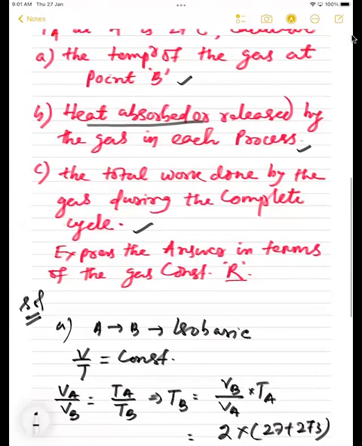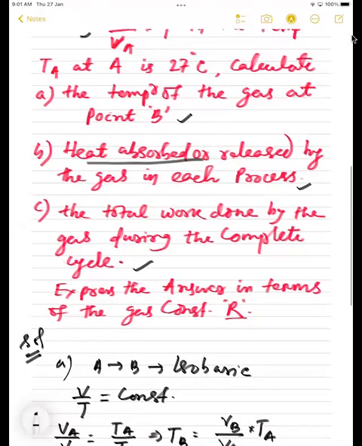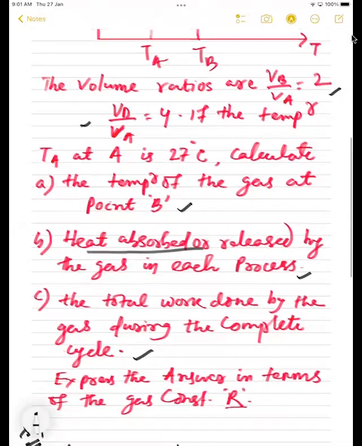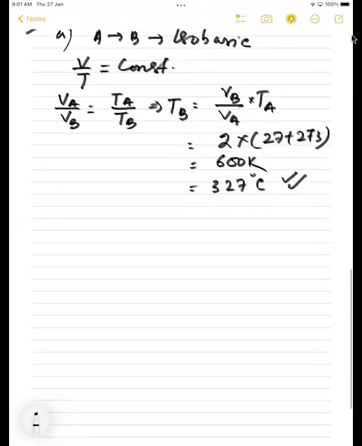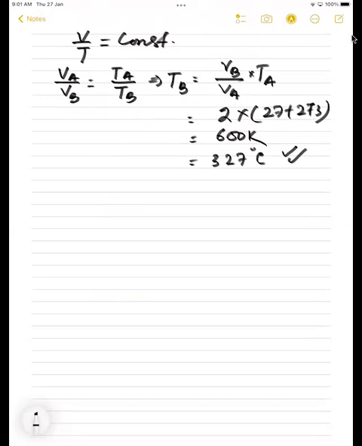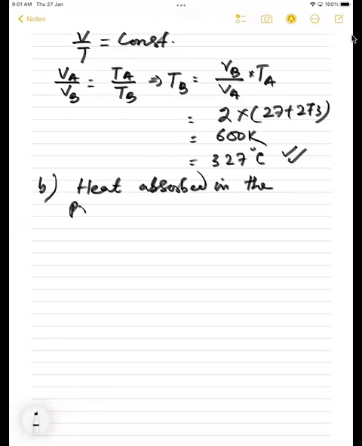Now part B, the heat absorbed or released by the gas during each process. Students, from A to B, it is which process? Isobaric, that means pressure is constant, because volume is directly proportional to temperature. So in the second part, the heat absorbed in the process A to B is given by Q1 equal to n Cp dT.